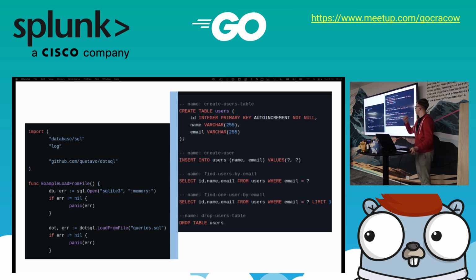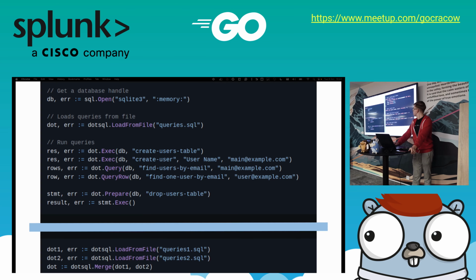You will just need to write simple comments around your queries, and then you will be able to import this file into your Go runtime and then use these queries. We can see here an example of how we can use those queries, and we can do it very similar to database/sql. That is because it is based on database/sql.